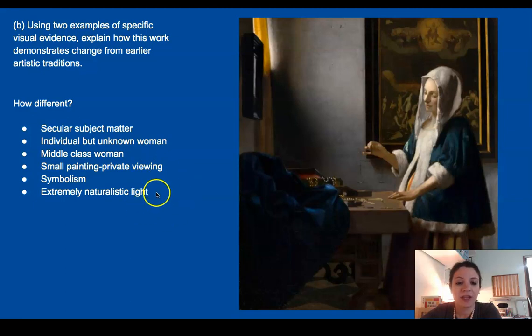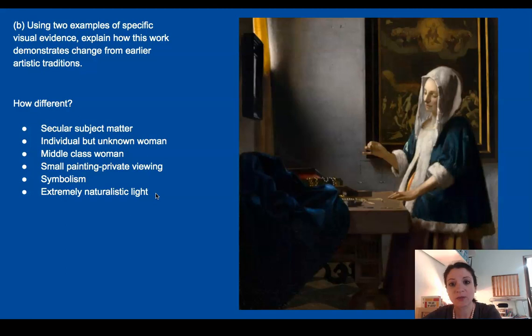And the other thing is, and this is specific to the 17th century and what other artists were doing elsewhere in 17th century Europe. So the light here is extremely naturalistic, like I talked about, as opposed to, for example, Caravaggio, who is doing really dramatic lighting effects with strong contrasts of light and dark.